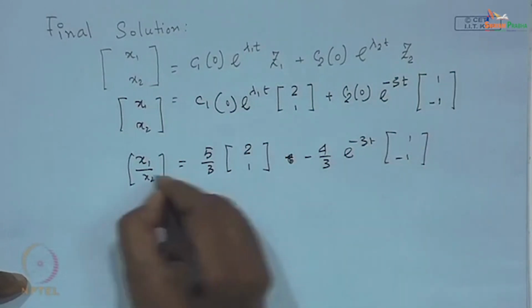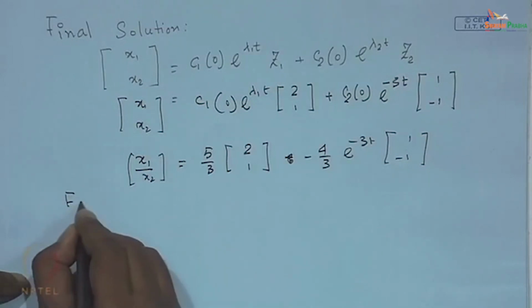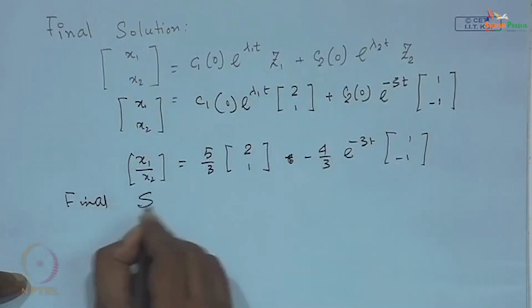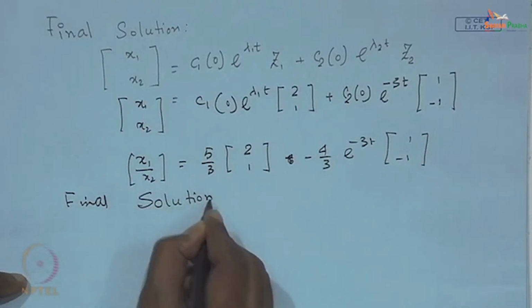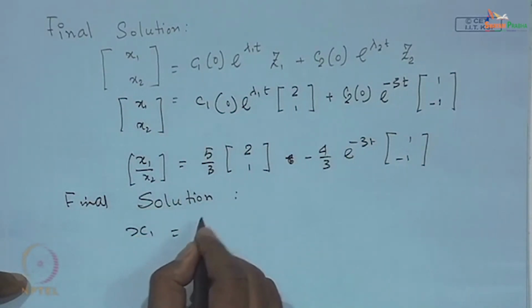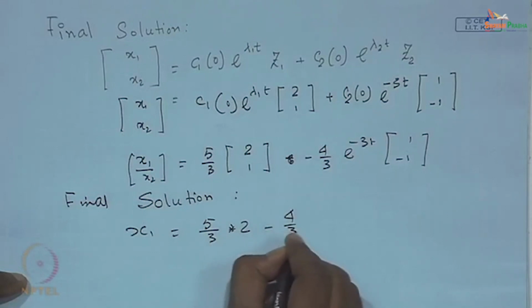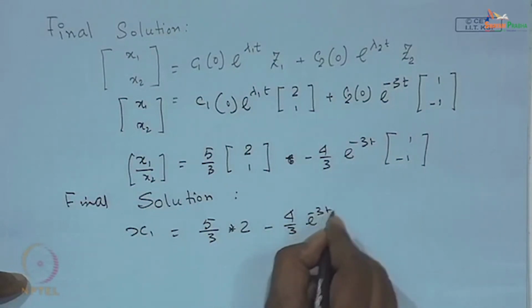So, we can construct the final solution as x 1 is equal to 5 by 3 into 2 minus 4 by 3 e to the power minus 3 t times 1.